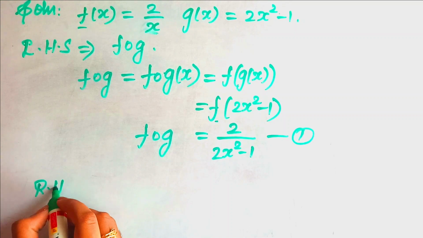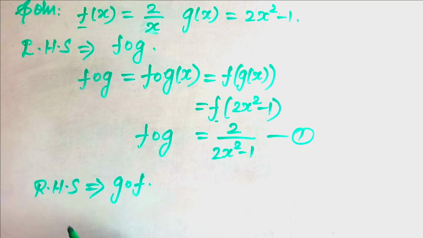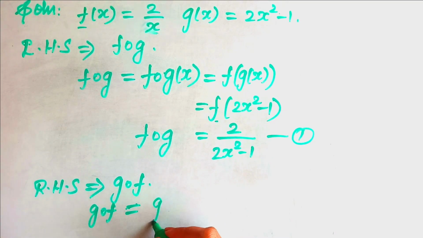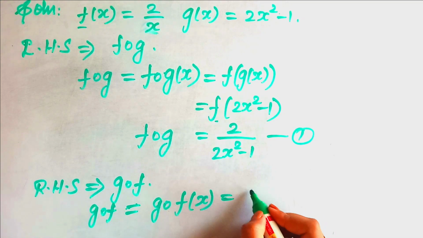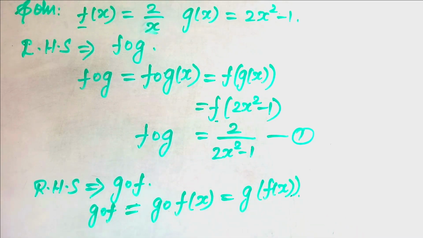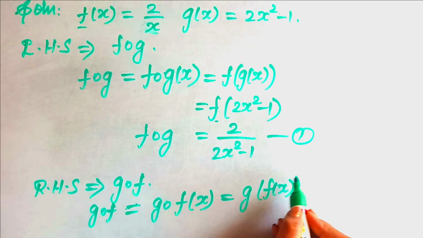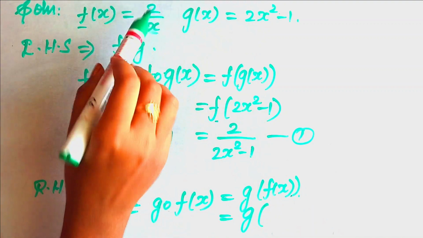Now the RHS, which is g∘f. Okay, now let's find g∘f. By the definition we know that g∘f of x can be defined as g of f of x, right? Now let's substitute the value of f of x here, which is 2 divided by x.